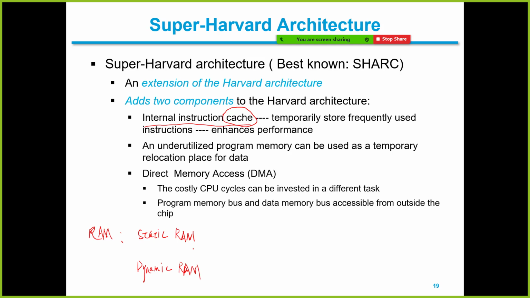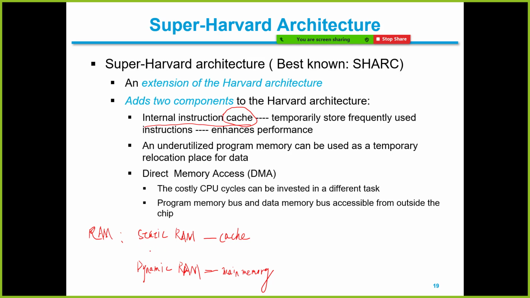Usually this dynamic RAM is used for the main memory, and this static RAM usually is used for cache. And what are the differences for them?